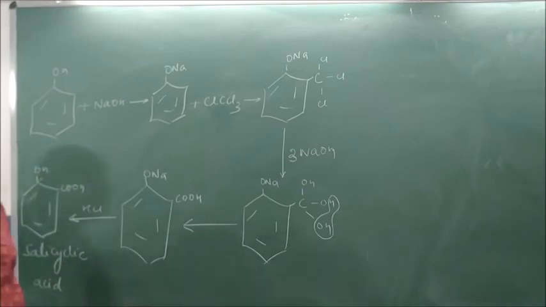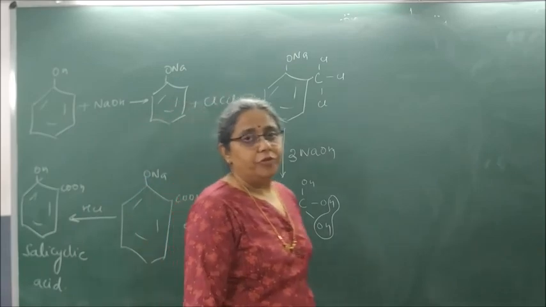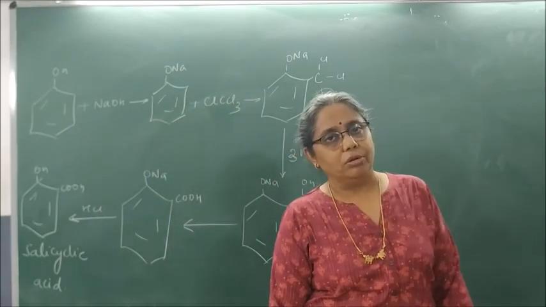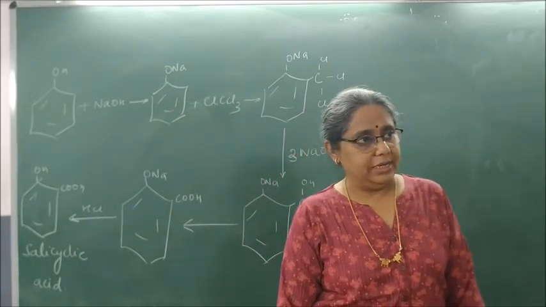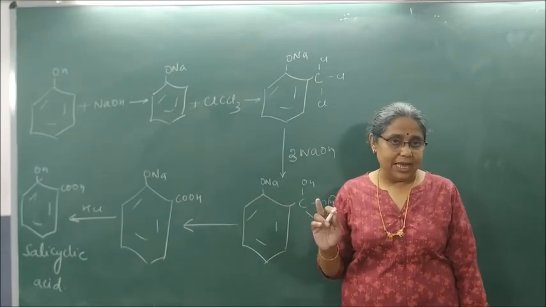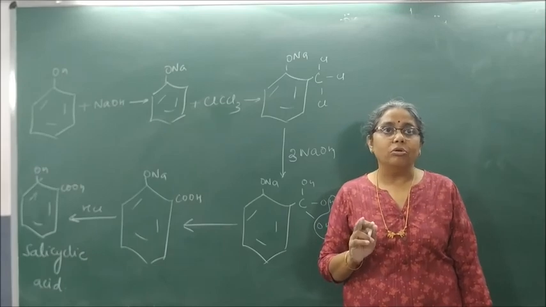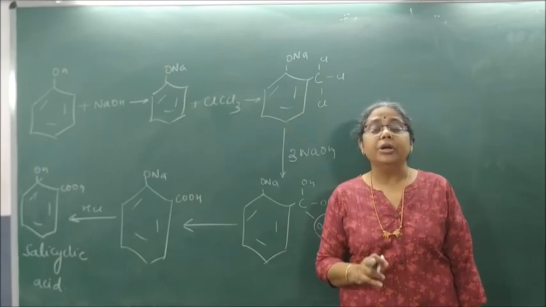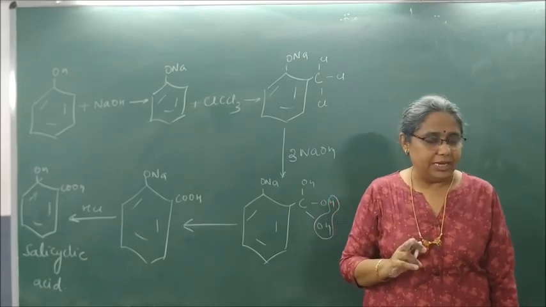So Reimer-Tiemann reaction is of two types. When you use chloroform, you get salicylaldehyde. When you use carbon tetrachloride, you get salicylic acid. Kolbe reaction also gives salicylic acid. Reimer-Tiemann reaction also gives salicylic acid.